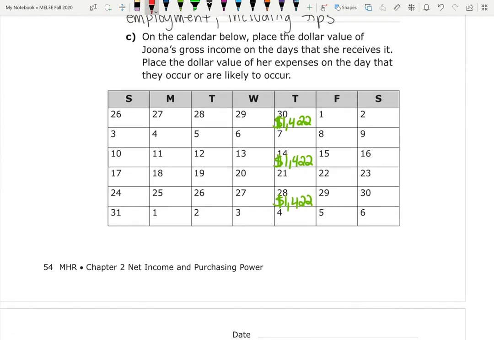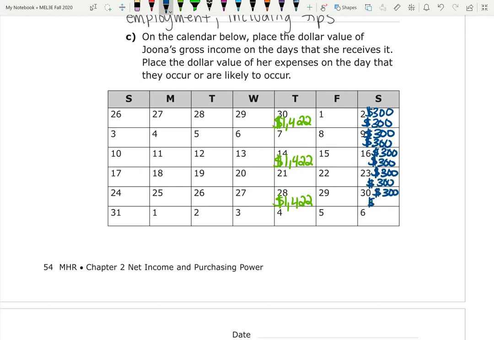So I'm going to write that in blue. I'm going to write at the end of the week, let's say a Saturday, she goes and deposits $300 in savings and then $300 in her separate account for income taxes. And she does that every week. So every Saturday, she's going to go to the bank and deposit a total of $600, but half in one account and half in another.